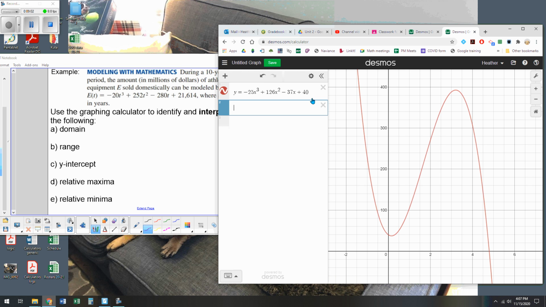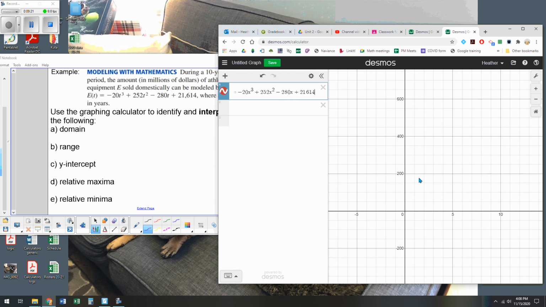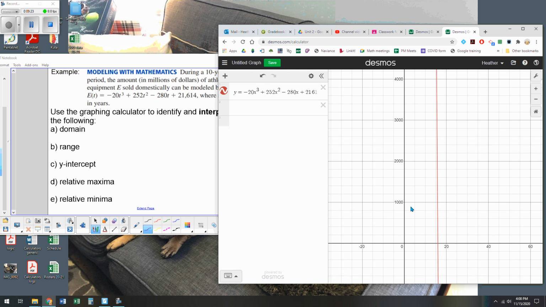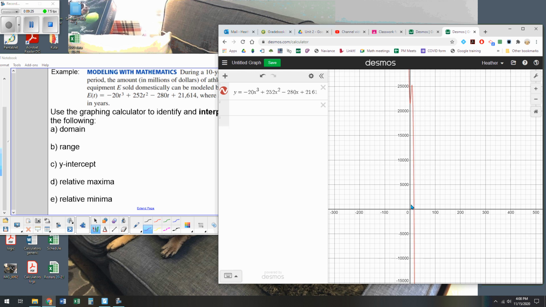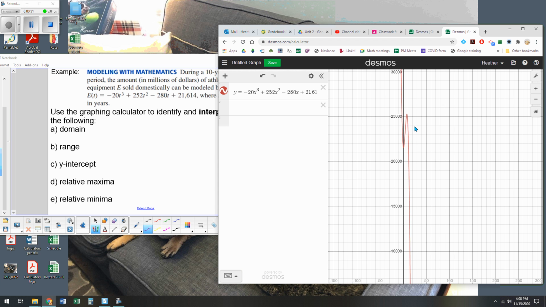So I'm going to graph my equation. And I'm going to still use x instead of t when I graph it. It's not going to make a difference if I chose to use t. All right, notice I can't see it at all right now. Zooming out, and I see a bunch of my changes here. So I'm probably going to want to see up to at least 26,000.